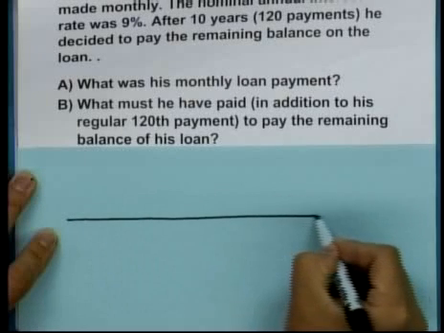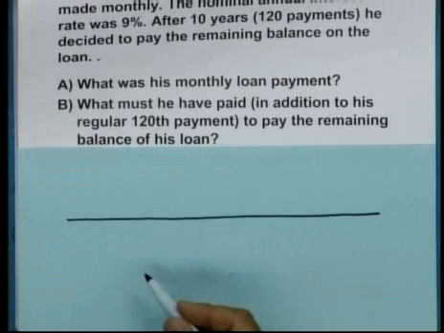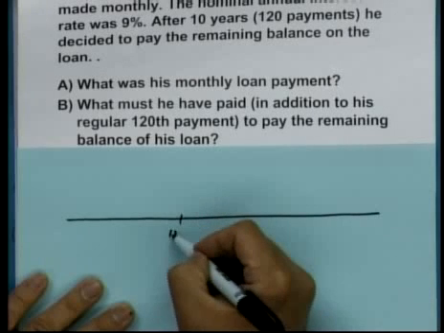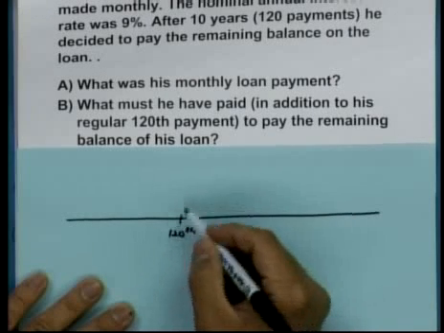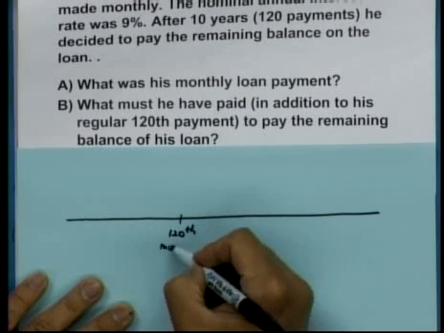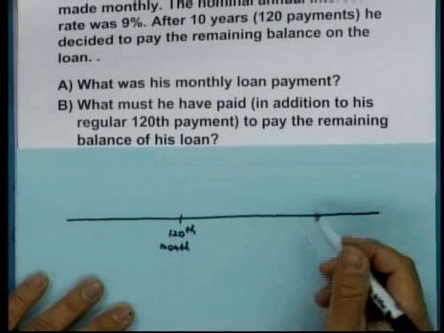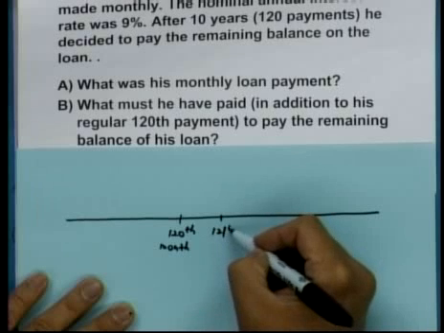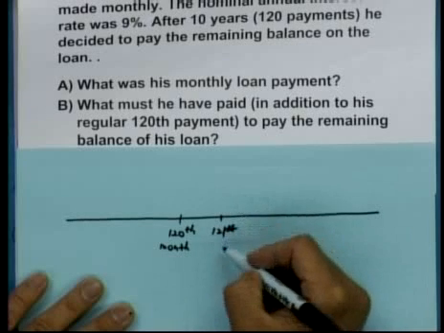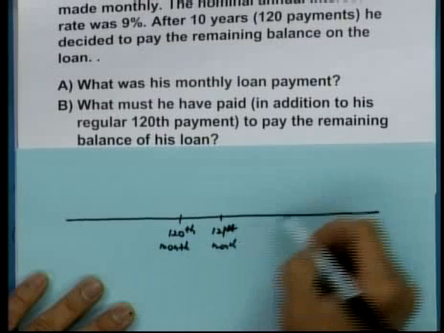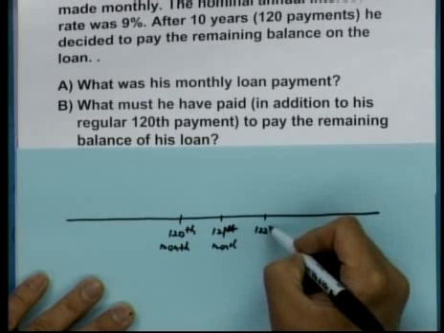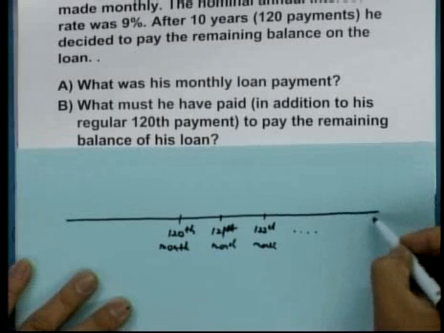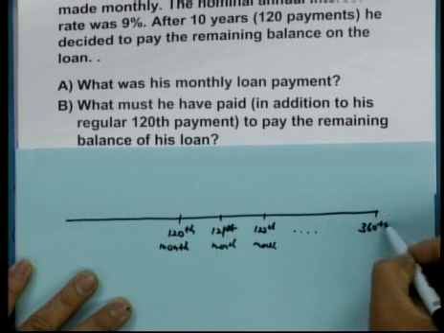let's redraw the cash flow diagram. So here, 120th payment, 120th month, okay? And here we have 121st month, here 122nd month, and so on, up to 360th month.